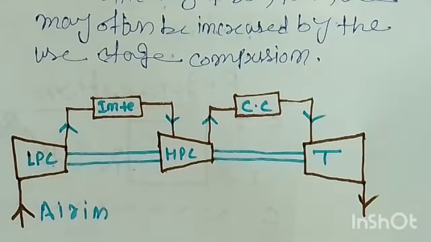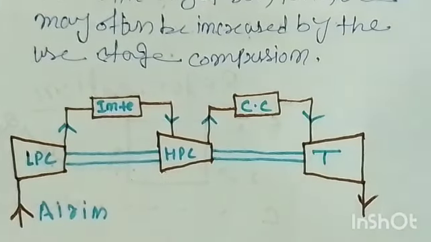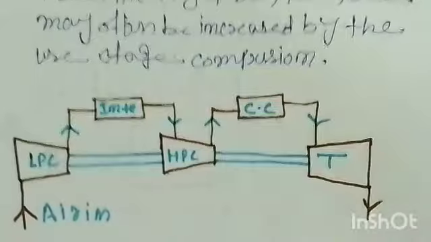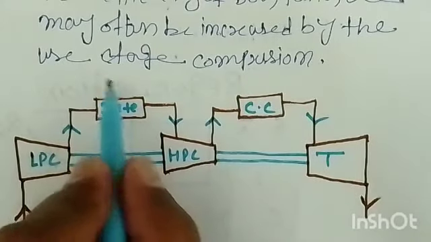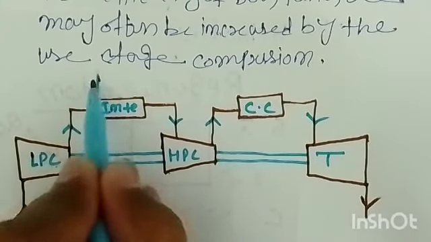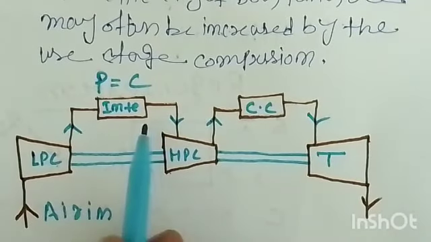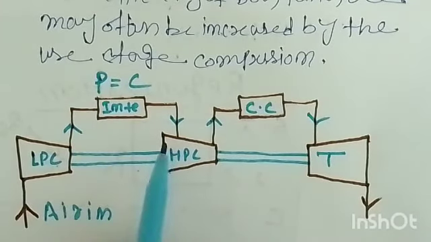In intercooling we reject the heat, so the temperature reaches the initial condition, meaning the temperature at which the air entered the low pressure compressor. In the intercooler we don't disturb the pressure; the temperature is reduced at constant pressure. Further, the high pressure and low temperature air will enter the high pressure compressor.